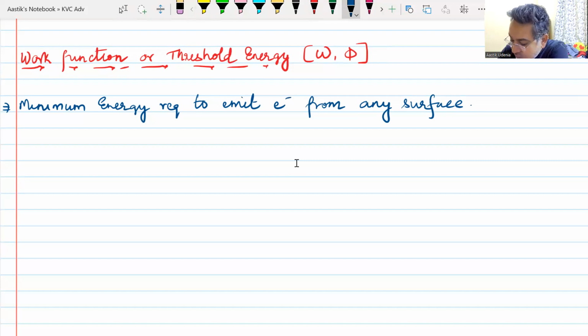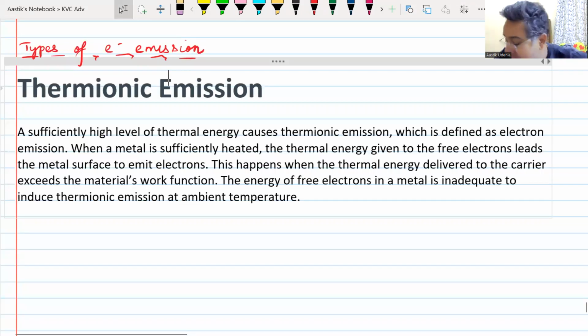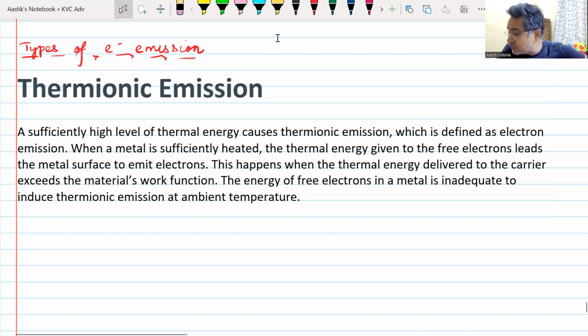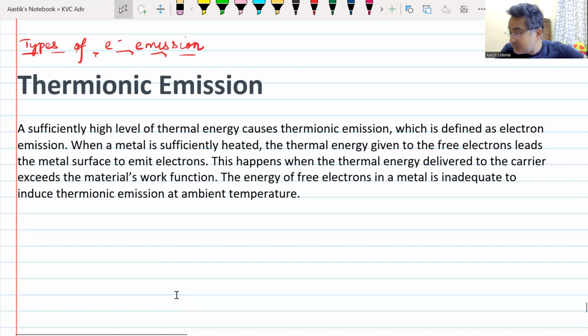Now, how are you going to give the electrons this energy? The first way and the easiest way that I can think of is to heat them up. If I heat the metal surface sufficiently, by heating, I raise the temperature, and by raising the temperature, I increase the speed of the electrons.